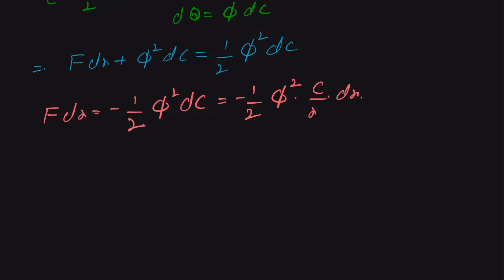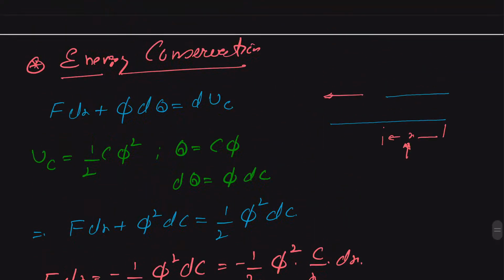So from here we can easily see that our negative sign indicates that the force opposes the increasing of the x. Okay, because if we are moving this sliding portion with a force of F, then this x is going to increase. But now under this condition we have connected a battery to this. Okay, we have to remember this part.